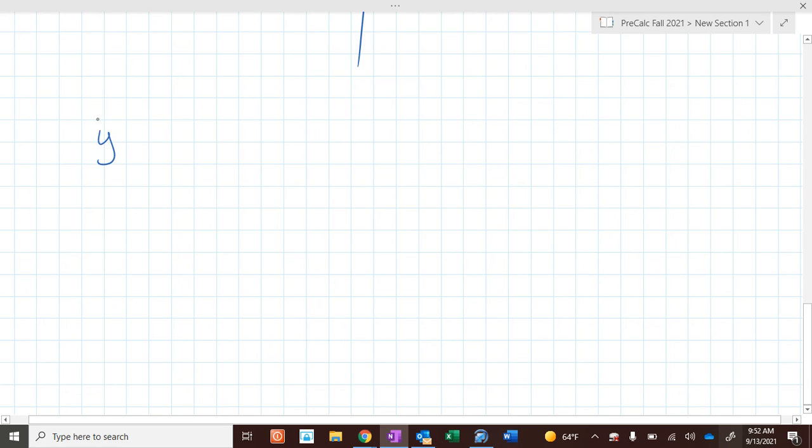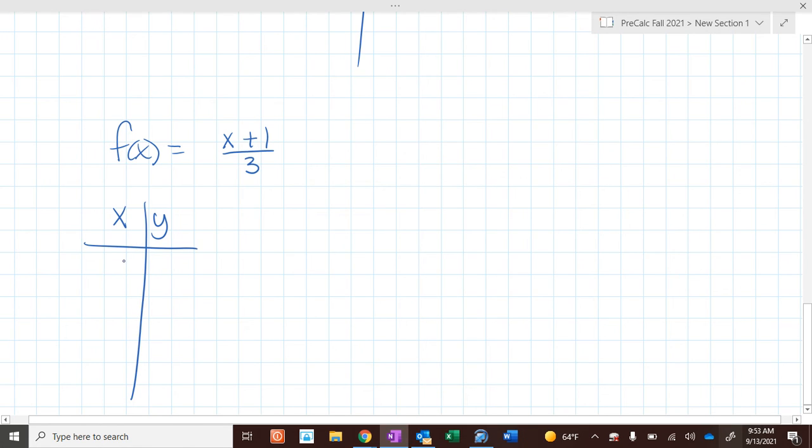Let's go f of x. F of x equals x plus 1 over 3. Okay, let's graph that. Well, I'm going to graph the point 2 because that goes in evenly. 2 plus 1 is 3 over 3 is 1. I'm going to graph the point 5 because 5 plus 1 is 6 divided by 3 is 2.